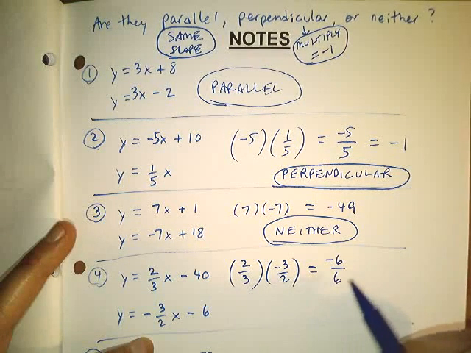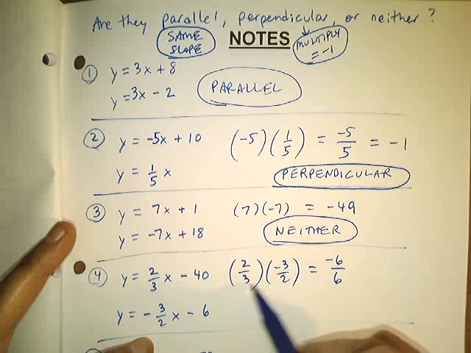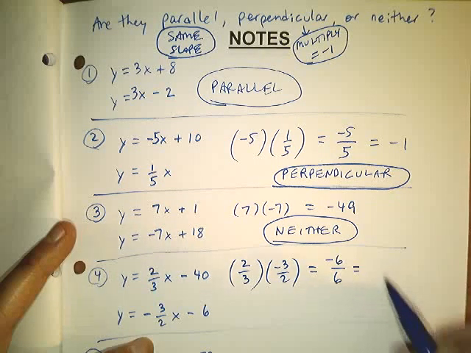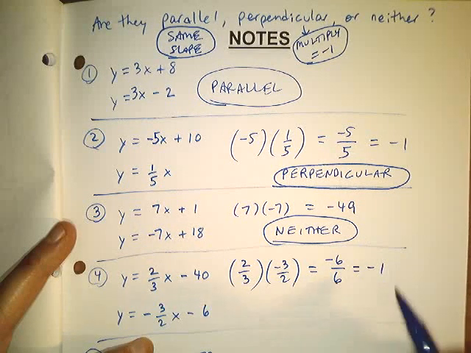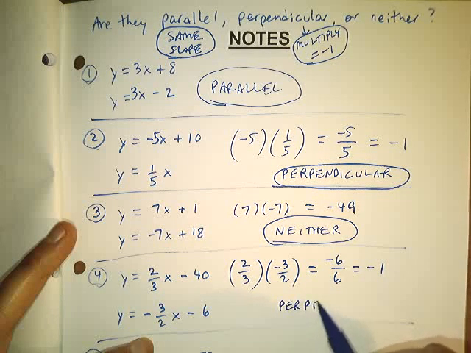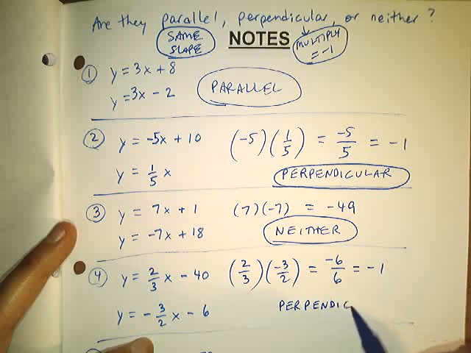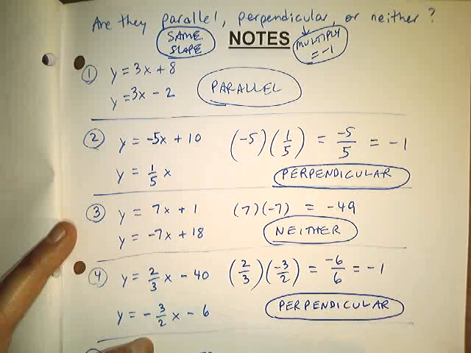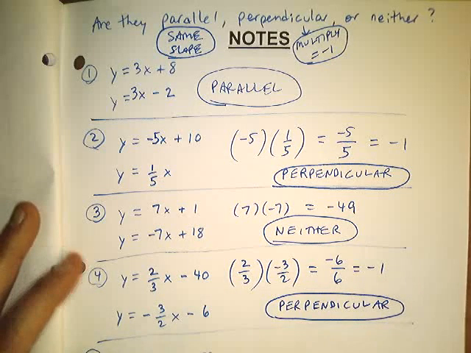And on the bottom, we get +6. And can you divide -6 by +6? Absolutely. You get -1. So, again, we have a perpendicular pair. The slopes multiply together to be -1.